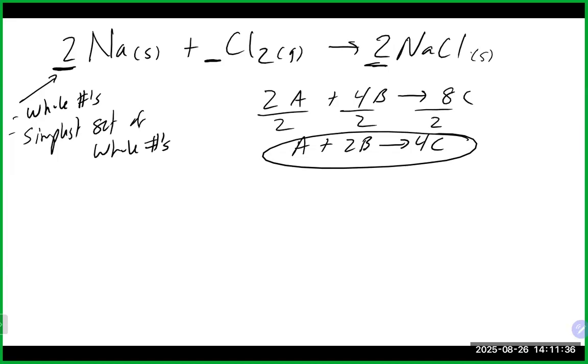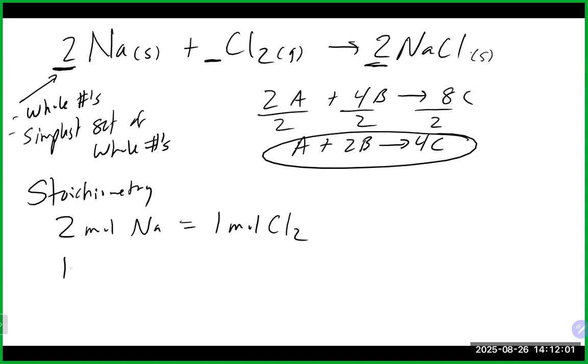Speaking of that, along with reactions and molar mass and grams and moles, everybody's favorite, stoichiometry, yeah? Or not. Remember that you can look at this equation and the coefficients can be thought of as the mole to mole relationship. You could say, for example, 2 moles of sodium react with 1 mole of chlorine.